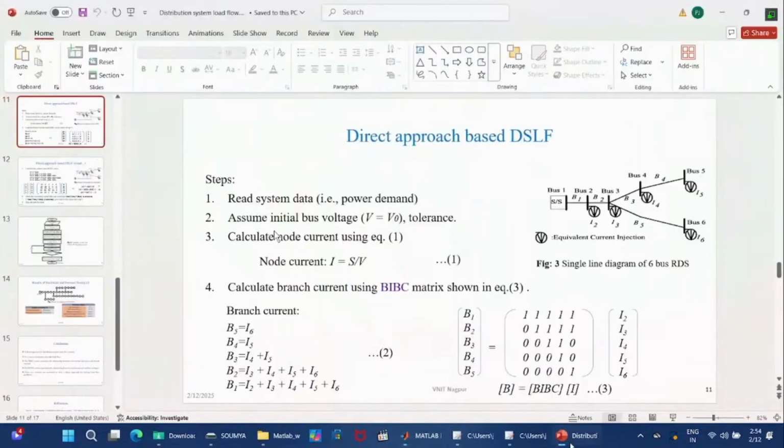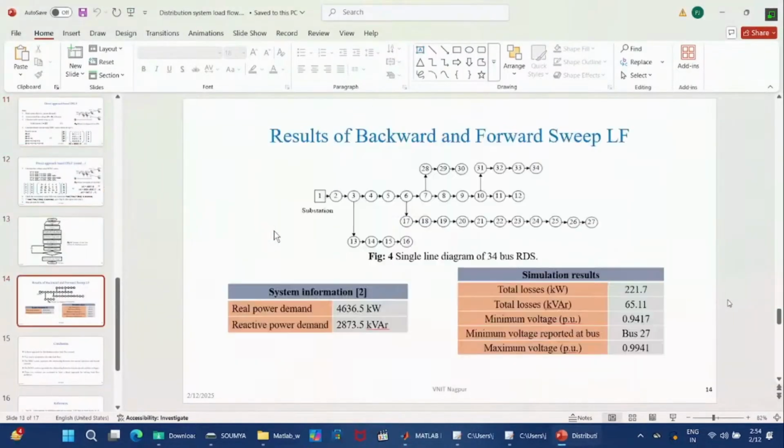If you see this 34 bus diagram, roughly this one is feeding current to all of the remaining 33 nodes, so the value 1 will be there. Similarly, for this one, only here it is supposed to be 0, and for other nodes it is supposed to be 1.